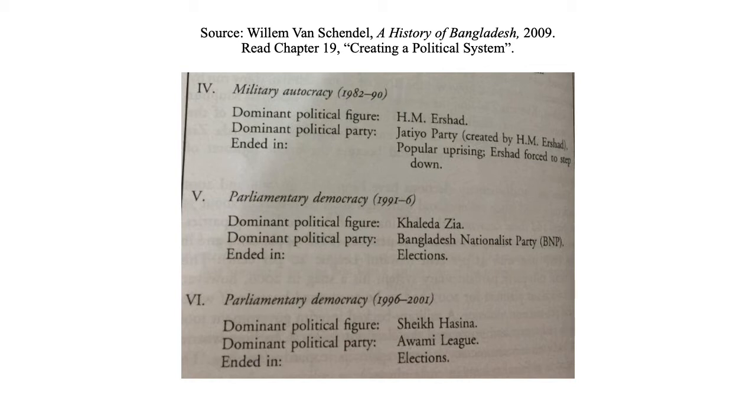The 6th phase was the parliamentary democracy, 1996 to 2001. The dominant political figure was Sheikh Hasina. Dominant political party was Awami League, and her rule ended in 2001 by an election.